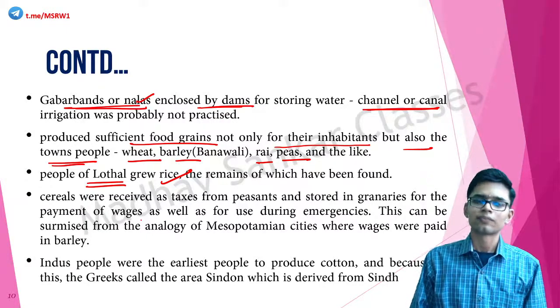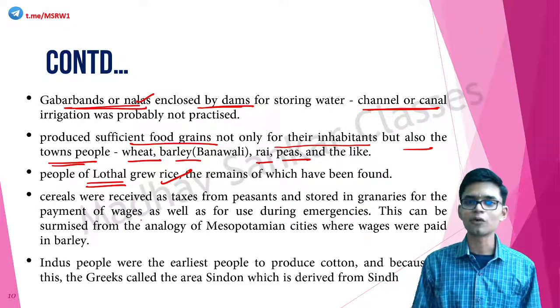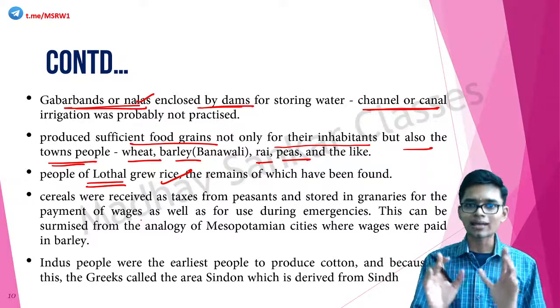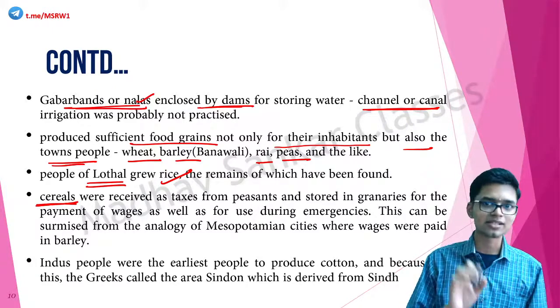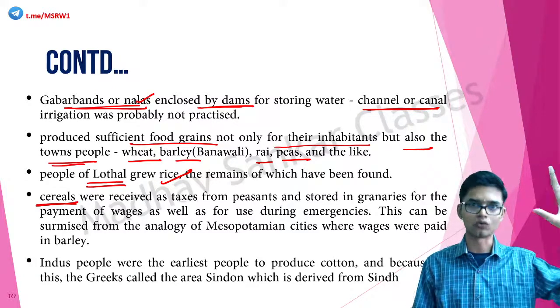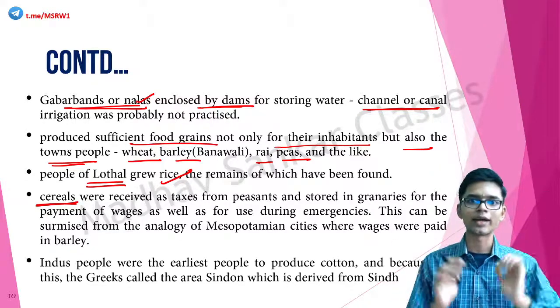Clear? Now, during those times, just like what we studied in medieval India, taxes were paid using grains or cereals. We have already established the fact that there are people who are sovereigns, well-off and influential people in the society, and then there are common men.